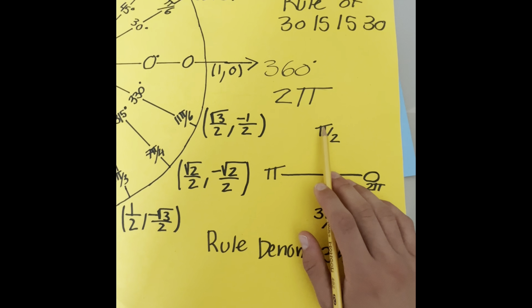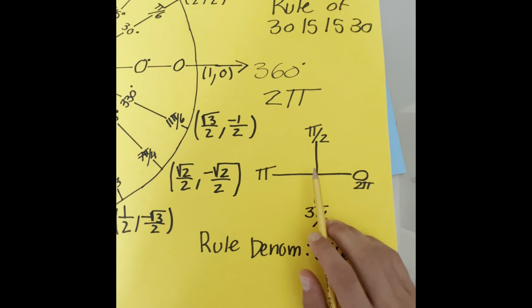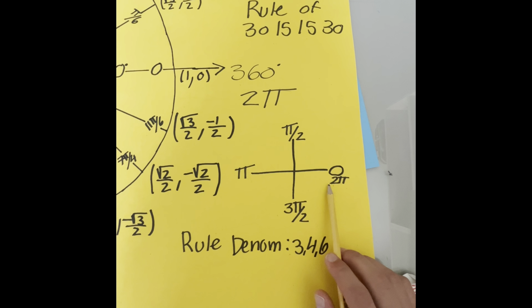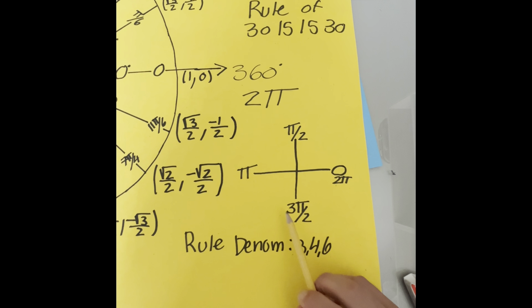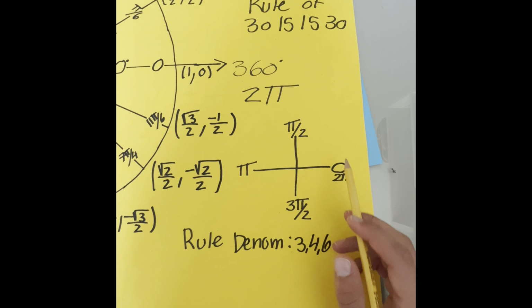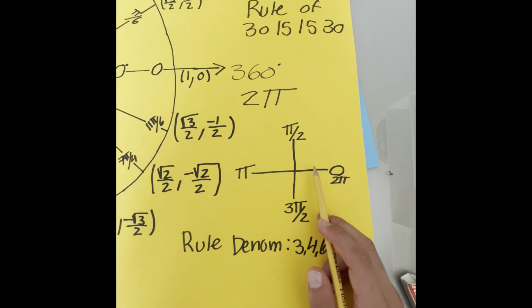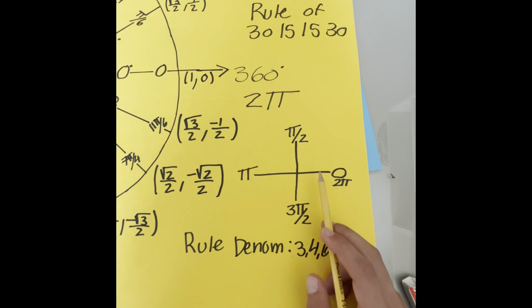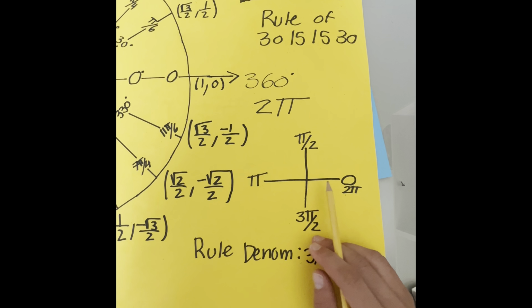So what would that be? Pi over 2. And here we would know it would have to be a value in between pi and 2 pi that is right in the half of them. So what would that be? 3 pi over 2. With this, you have the base for your unit circle for radians, and you can start filling in the rest of the values.